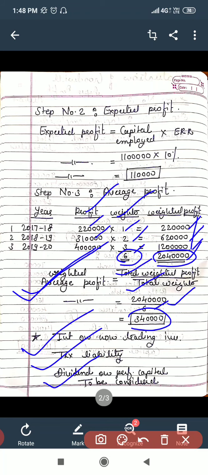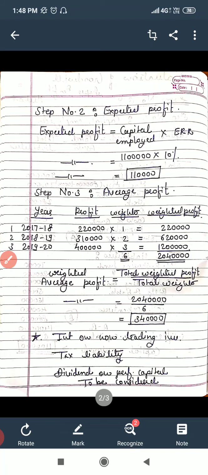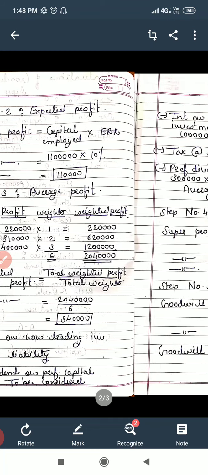The non-trading investment given in our balance sheet asset side is a 10% taxable investment of rupees 1 lakh, that is the face value. We are supposed to deduct the interest from such investment. Then the tax liability at the rate of 50% we cannot forget, and the dividend payment to our preference shareholders. This is what we have to take into consideration while concluding on our average profit.